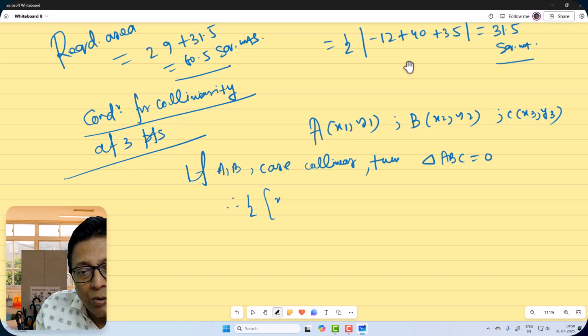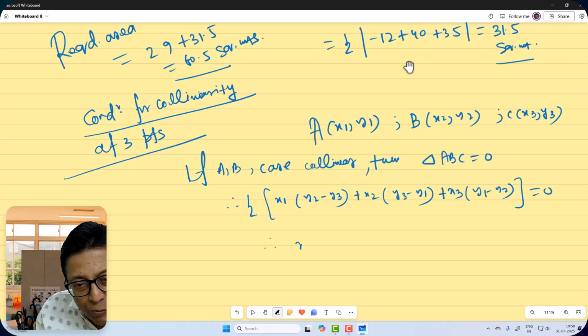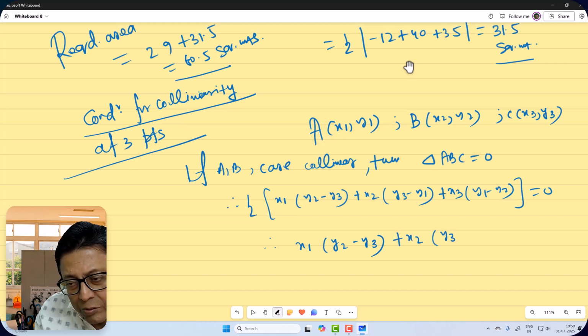That is half into x1 (y2 minus y3) plus x2 (y3 minus y1) plus x3 (y1 minus y2) equals 0.